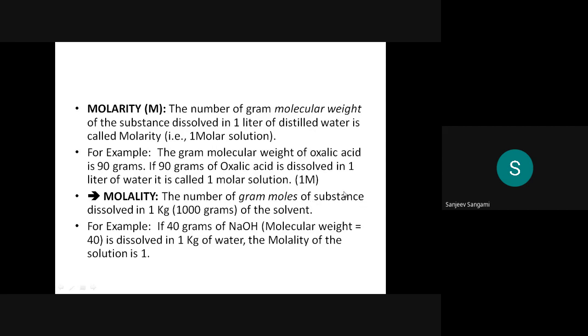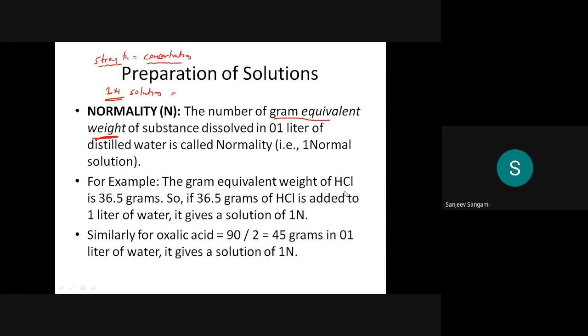In the previous class, we were discussing the first experiment, which is very important. If you understood the concept of how to prepare the solutions and how the strength of the solution can be calculated, and some of the terminologies we frequently use in our laboratory, that we also discussed.